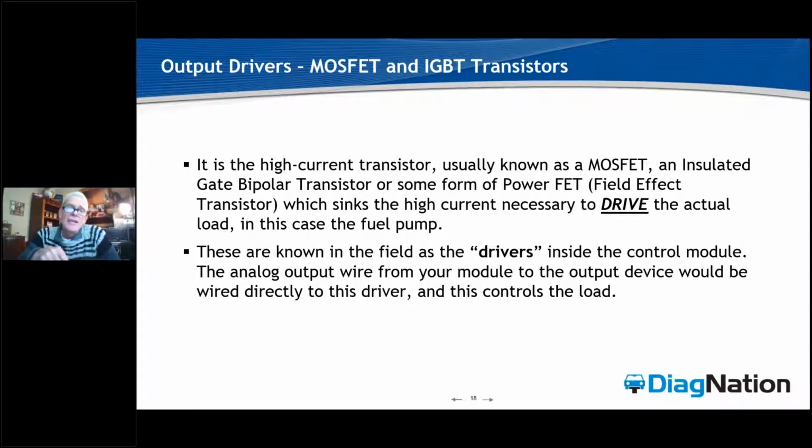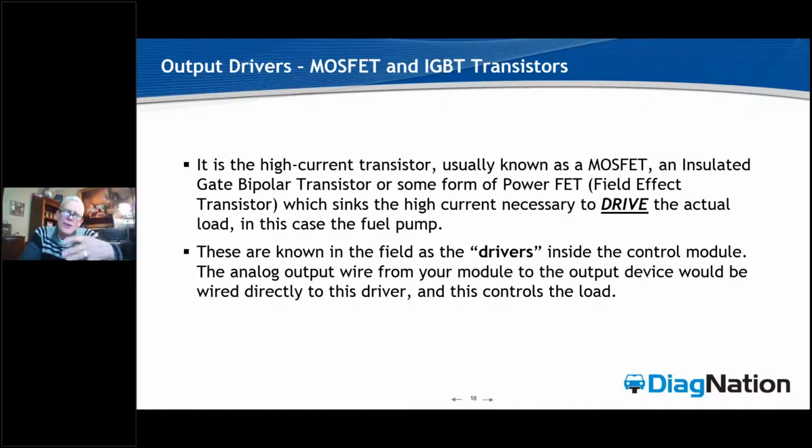These IGBTs are what are used in the hybrid power assemblies to actually phase the AC power load to the hybrid motors MG1 and MG2 in the case of a hybrid or an EV car.